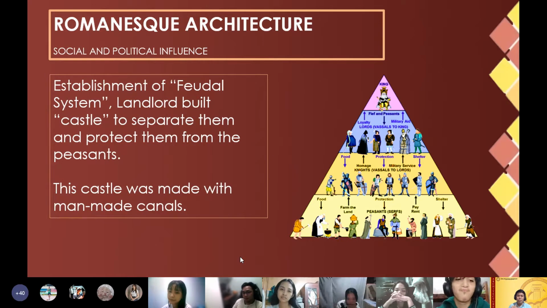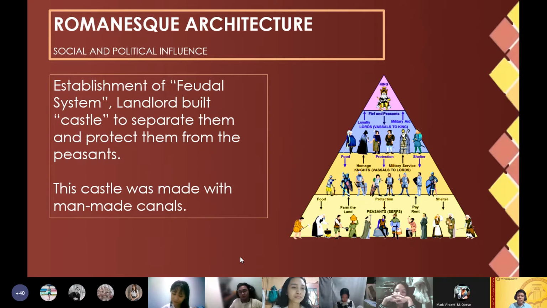And in terms of social and political influence, this is also the time in the continent of Europe when feudalism started. So there's a king, there's the lord that serves the king. The king is big, right? The area he carries is large. So perhaps in every town he places lords, because those lords are knights who support and safeguard the king and also the lord itself.